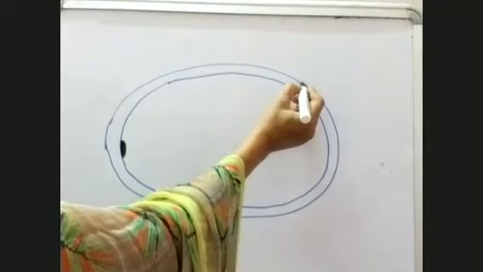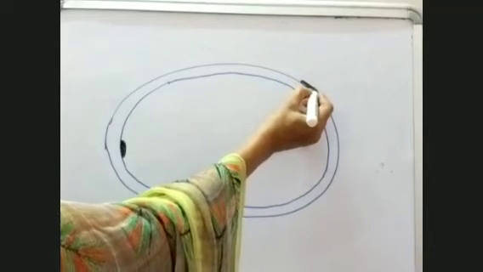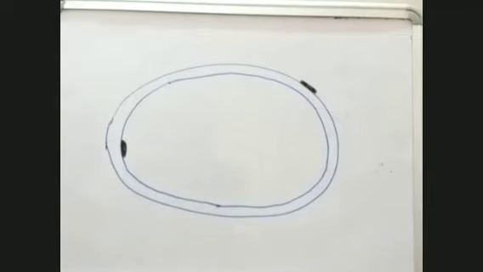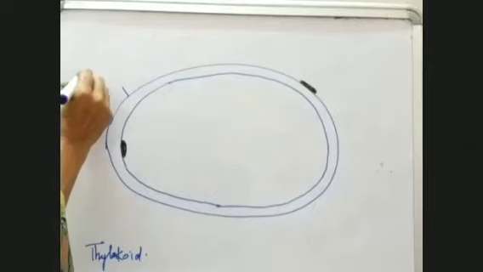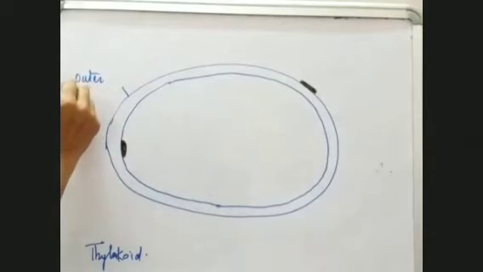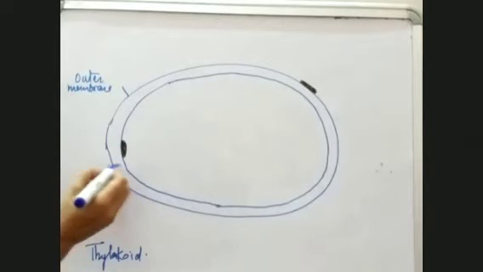And this is the place where NADPH reductase enzyme is present. NADPH reductase is present on the outer membrane, and the complex which helps in photolysis of water is present on the inner membrane of thylakoid. So this is a structure of thylakoid, which shows an outer membrane and inner membrane.